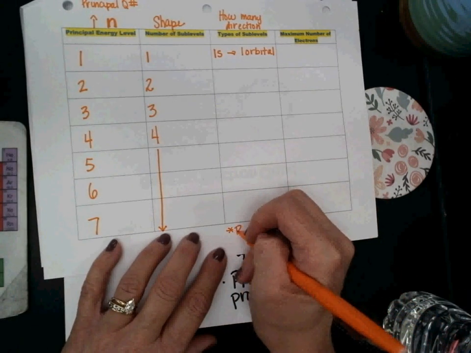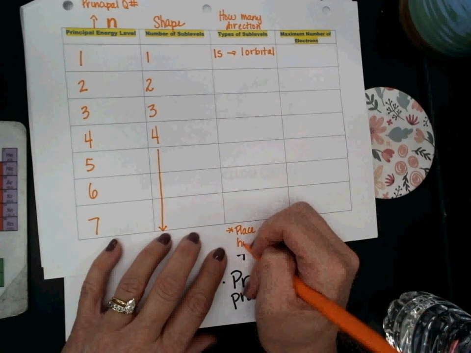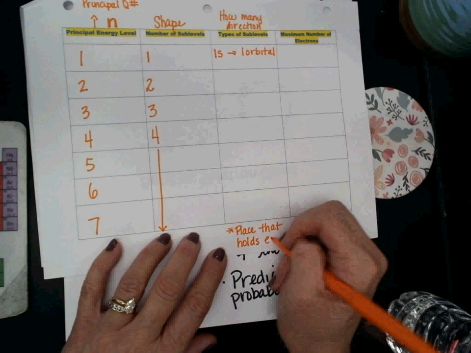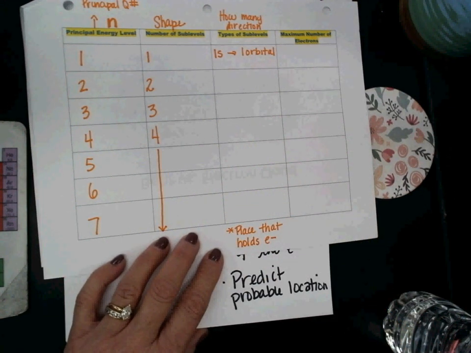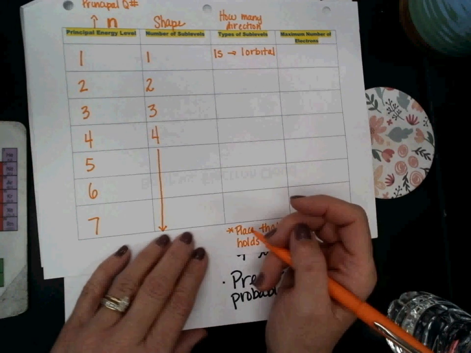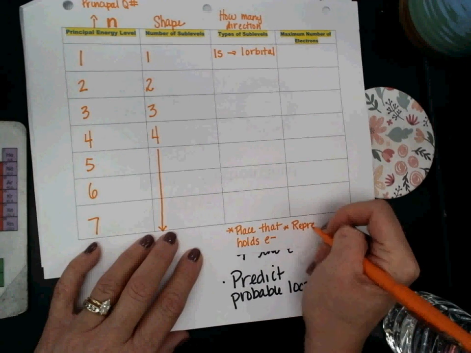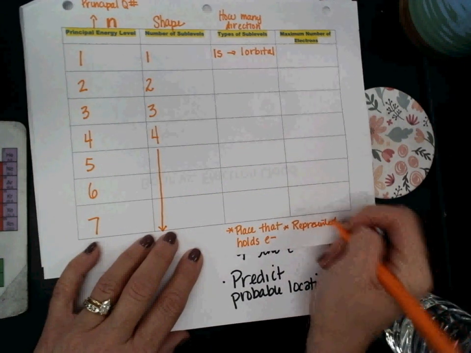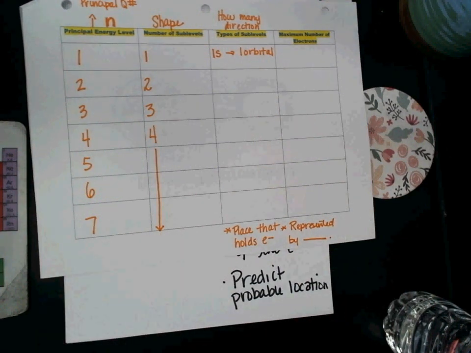First of all, they're the place that holds the electrons. So that's like where the electrons sit. You can think of it that way. And they're represented by just a line, like a fill-in-the-blank line. So I don't try to draw S, I just make a line.